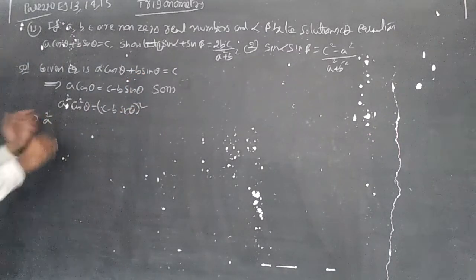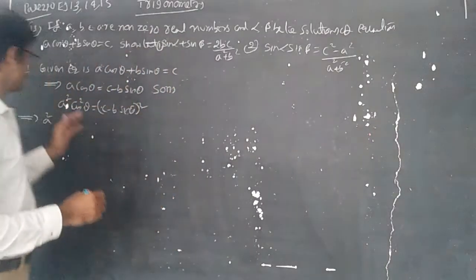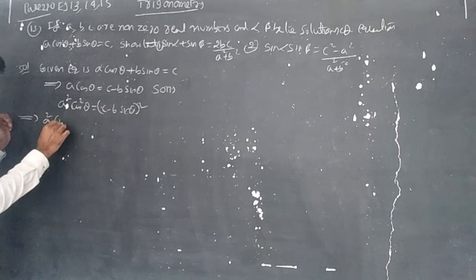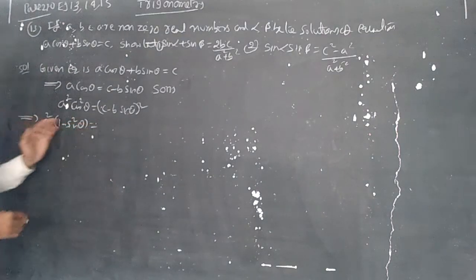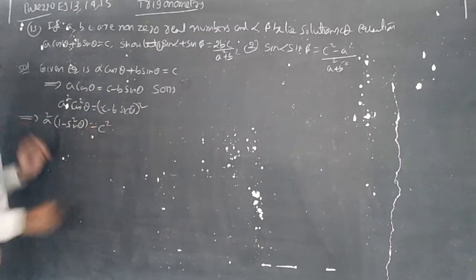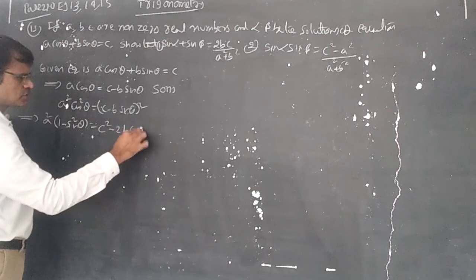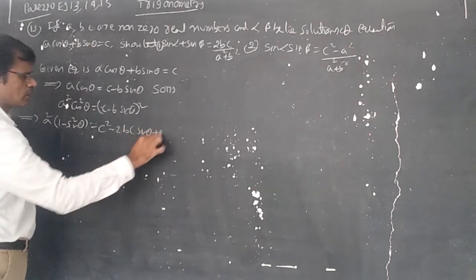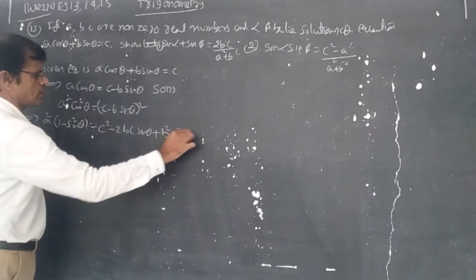We need to convert the cos square terms into sin terms. So cos square theta can be written as 1 minus sin square theta. A square into 1 minus sin square theta is equal to c square minus 2bc sin theta plus b square sin square theta.